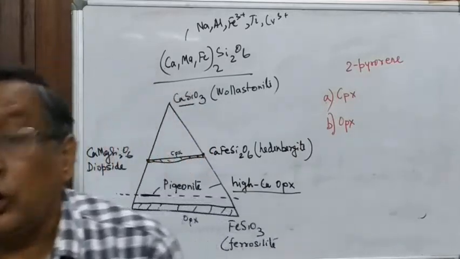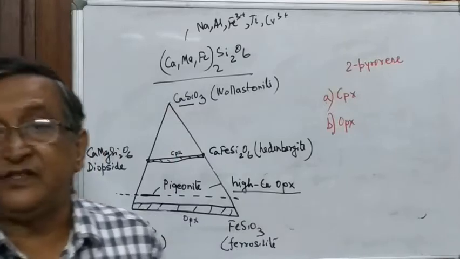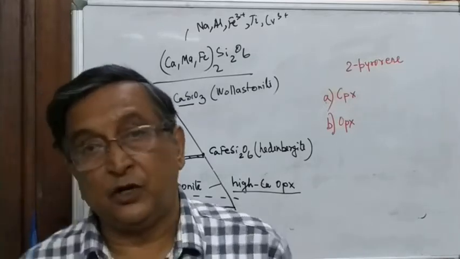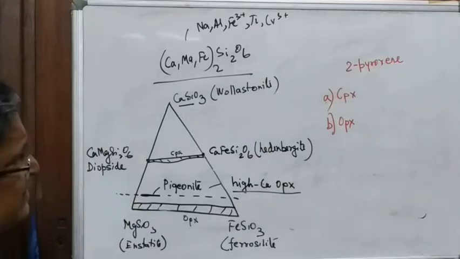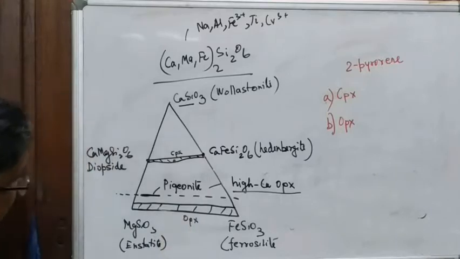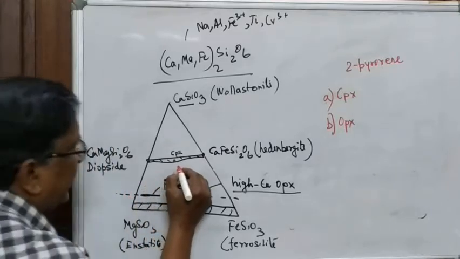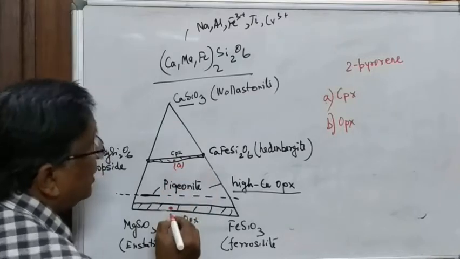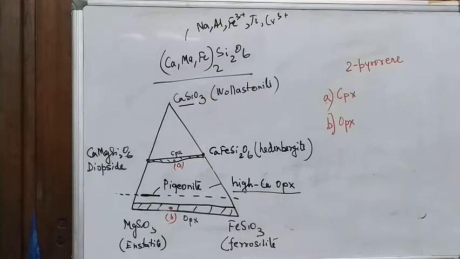I see in the microscope orthopyroxene and clinopyroxene. Let's talk about the clinopyroxene and orthopyroxene. Let the clinopyroxene composition be here, and let the orthopyroxene composition be here. This is your A, clinopyroxene, and this is your B, orthopyroxene.